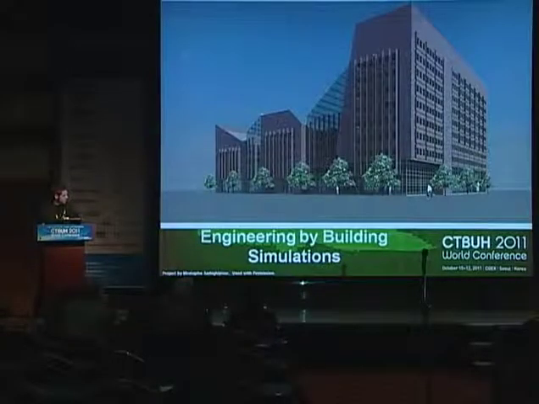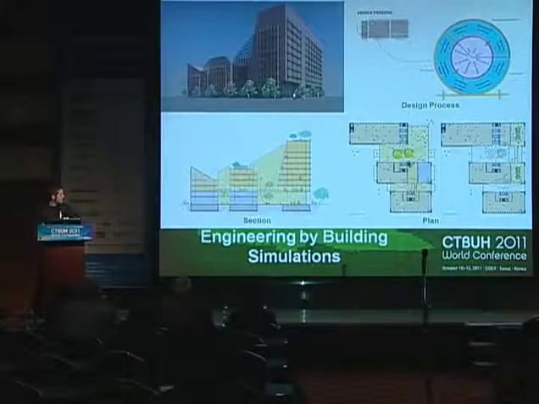This is a project by a colleague of mine, Mustafa Sadeghipour from UPenn, who's now at Smith & Gill. Every aspect of this was optimized by GA. There were about 40 parameters, and it was optimized for daylighting as well as for energy consumption.